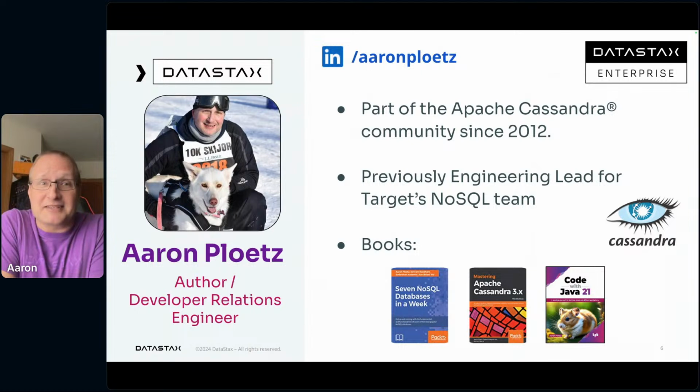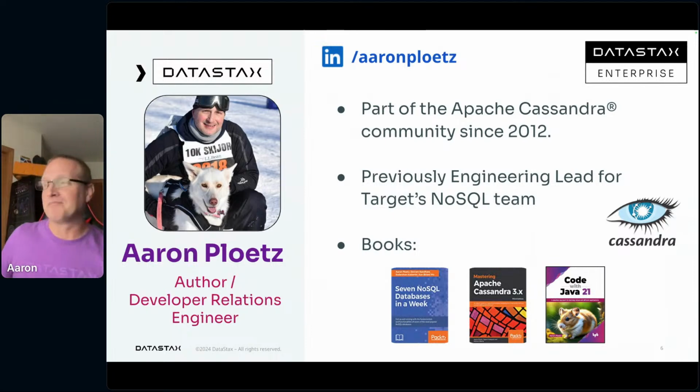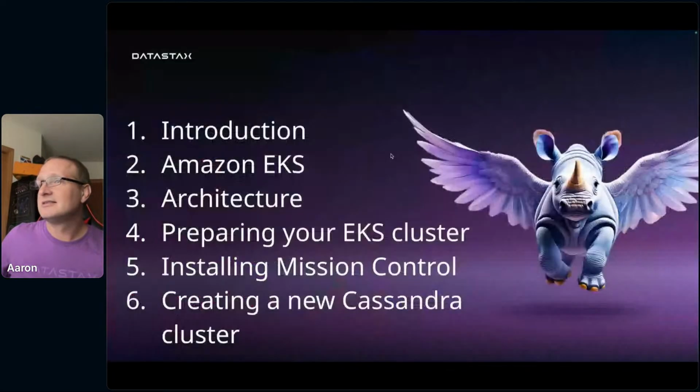And we did a lot of distributed databases on Kubernetes at Target, so that's something that's prepared me for this presentation. And I've written some books too: 7 NoSQL Databases in a Week, Mastering Apache Cassandra 3.x, and then in January I came out with Code with Java 21.